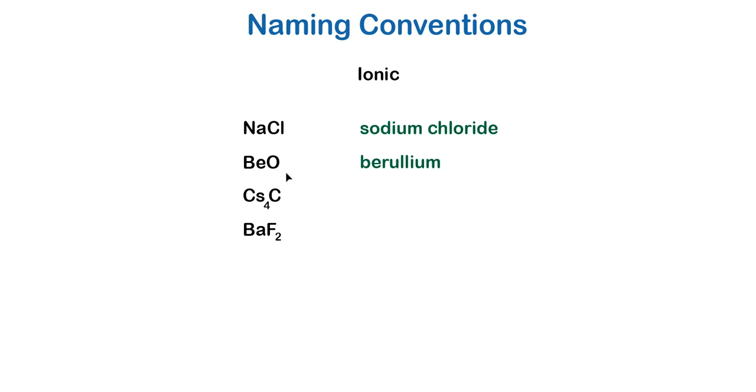And if you look up O in our periodic table of elements, you'll find its name is oxygen. If you look up oxygen in your ion table, you'll find that it is oxide.